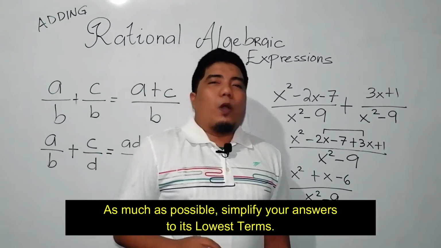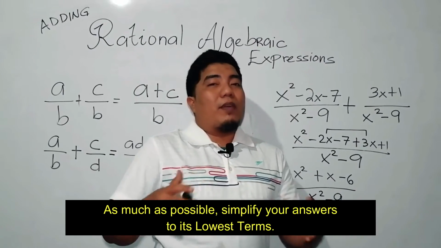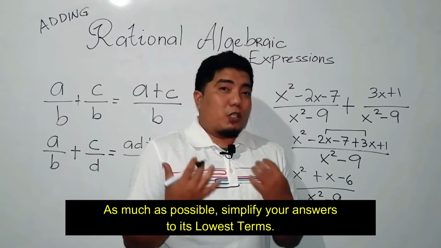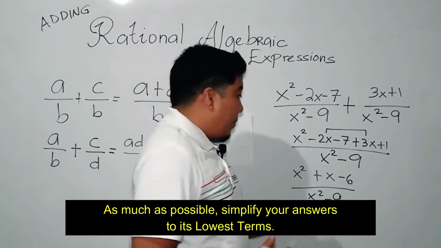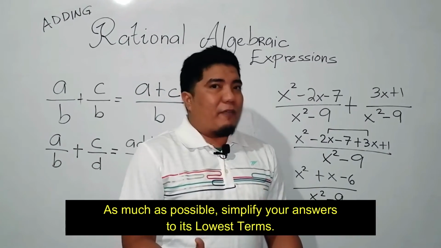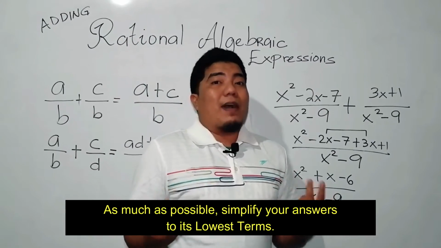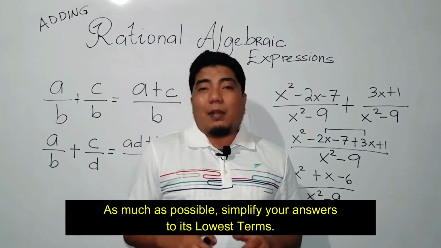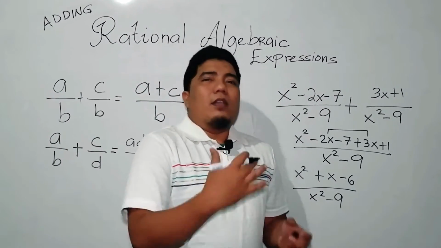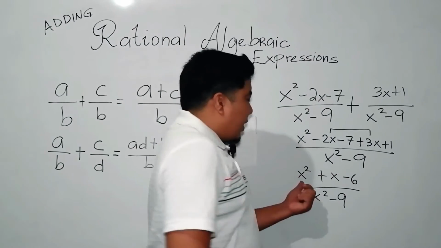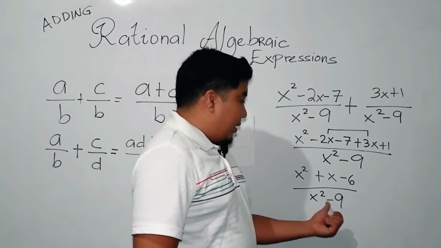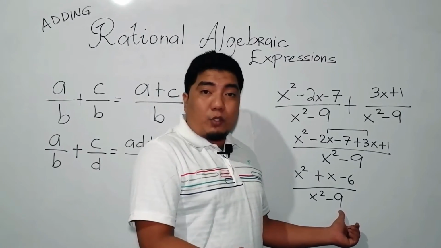Let's go back to what we have learned in multiplying rational algebraic expressions. Remember that as long as you can simplify your final answer, in which you can break it down into factors and you can cancel identical binomials, then try to do so. Remember that this is a trinomial and this is a difference of two squares.